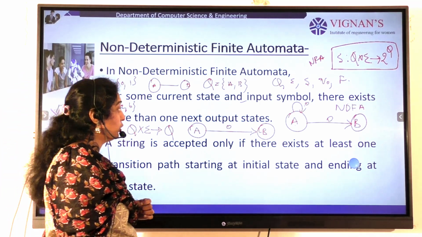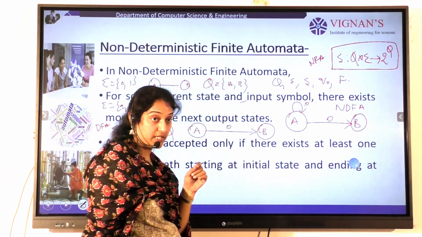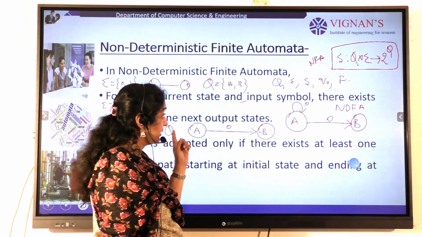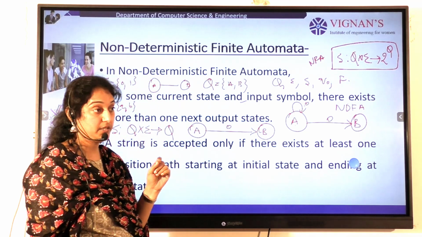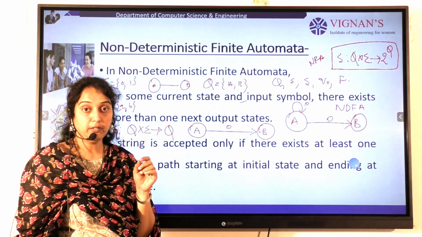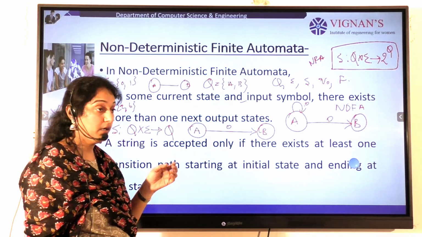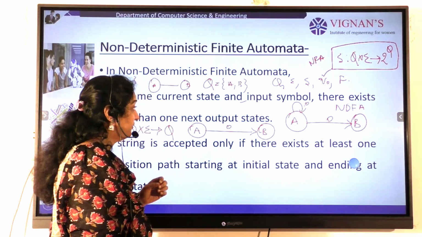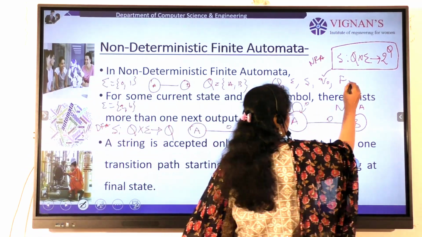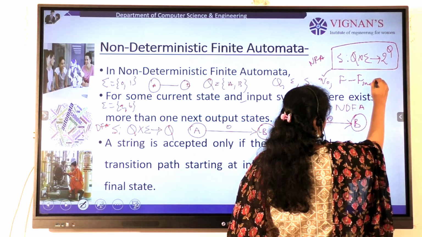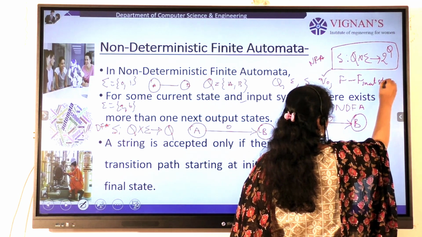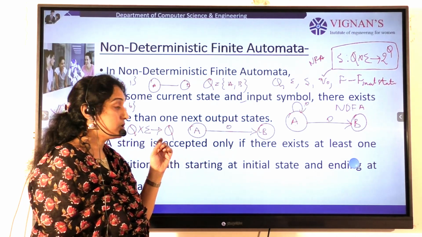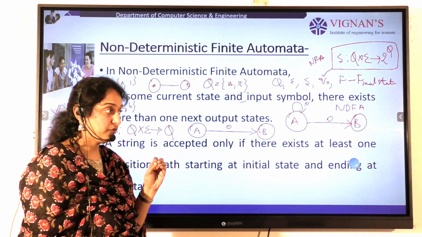Coming to Q naught, it is the initial state which will be given in the automata. There is exactly one initial state, where the processing of any input string will start from this initial state itself. Whereas F is the final state, and this can be either one or more than one final state. So it can be a set of states also.